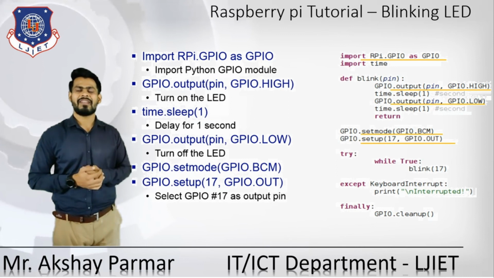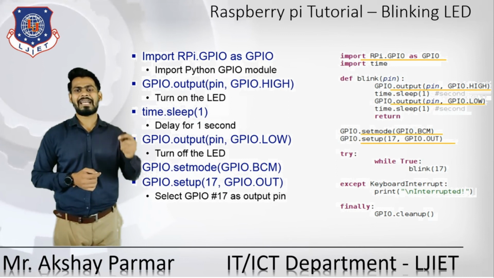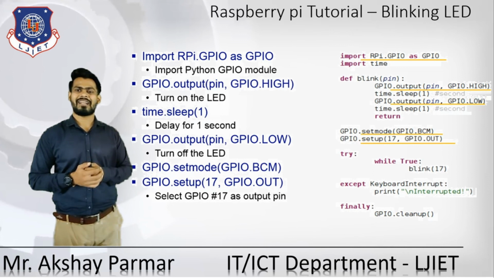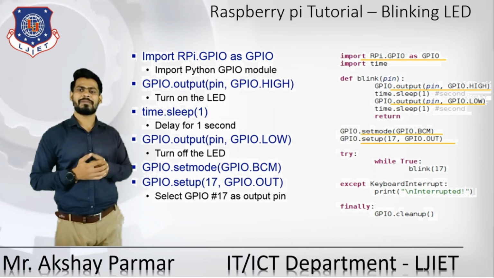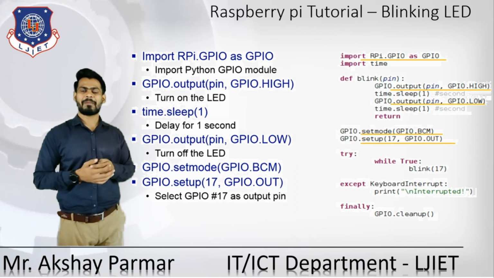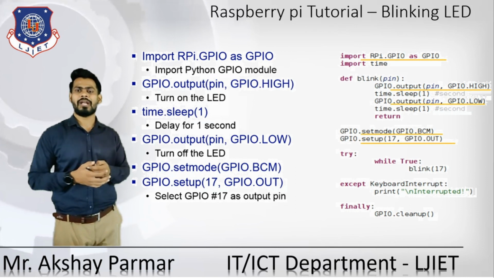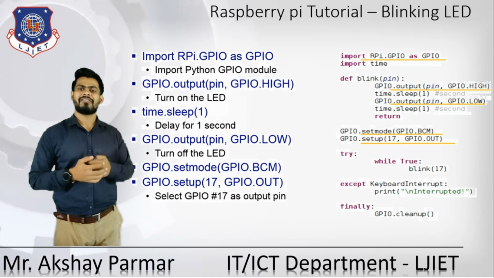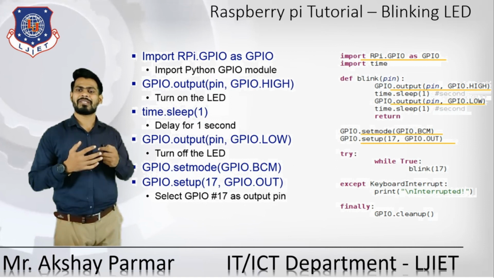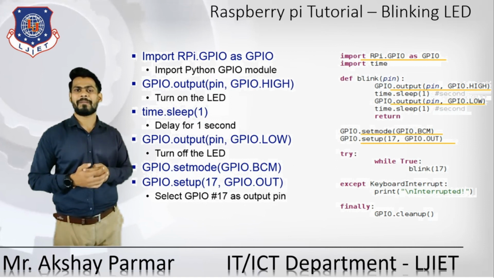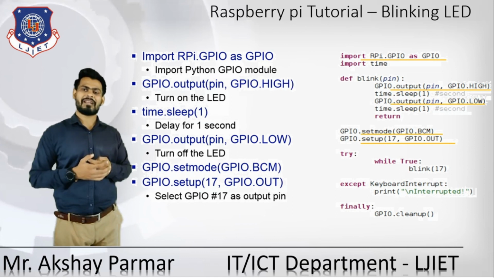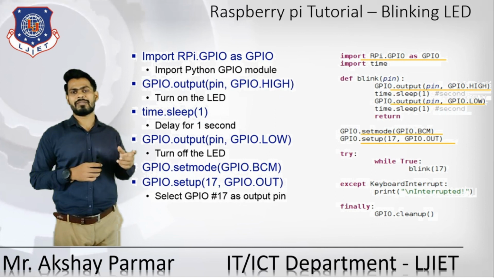With the help of that, we select GPIO pin number 17 as an output pin.